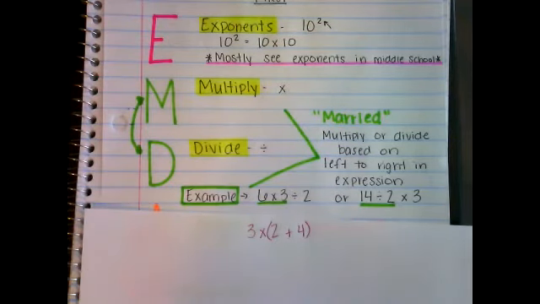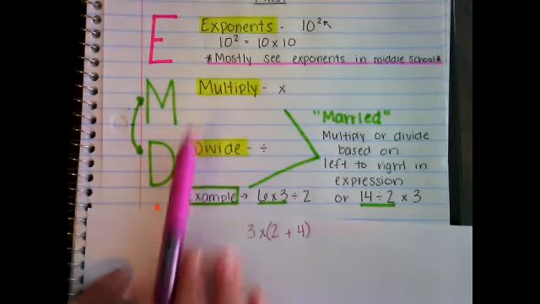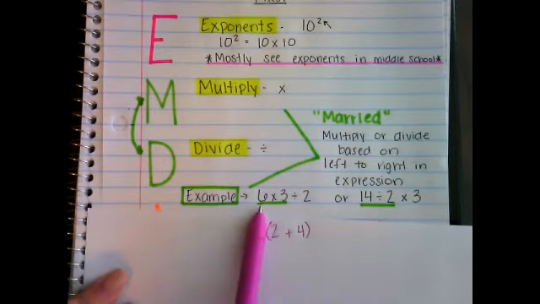So, for example, even though multiply comes before divide, in this expression, the multiplication symbol came first. So in this expression, I would multiply 6 times 3 first and then divide. In this expression, division came first.